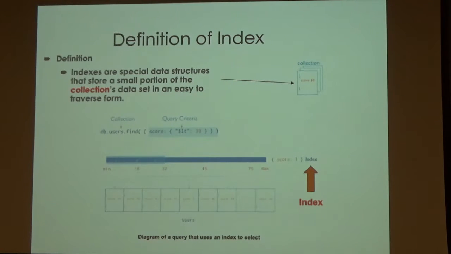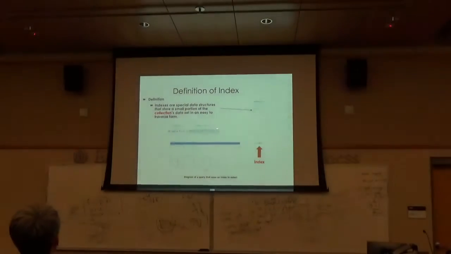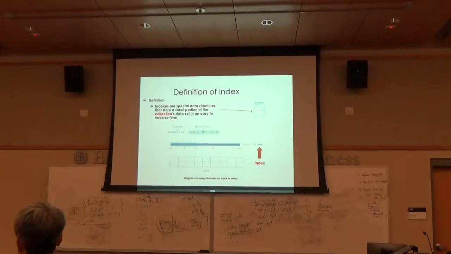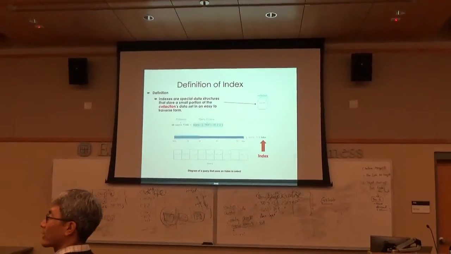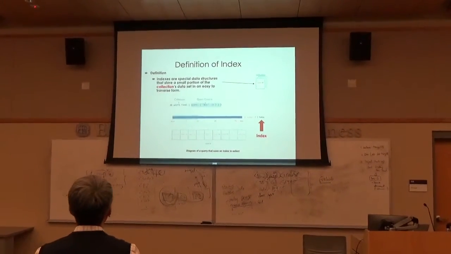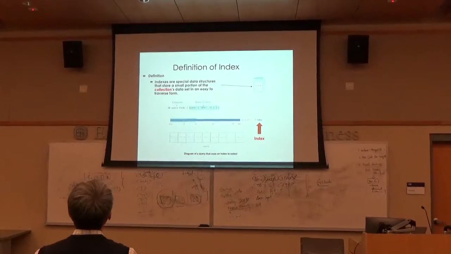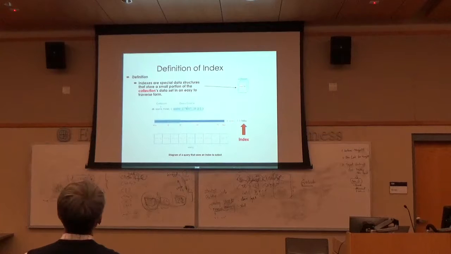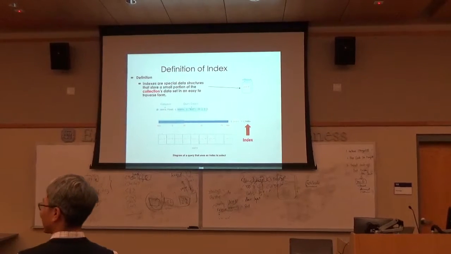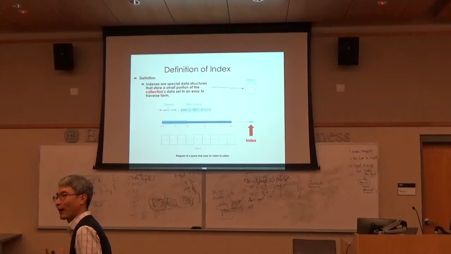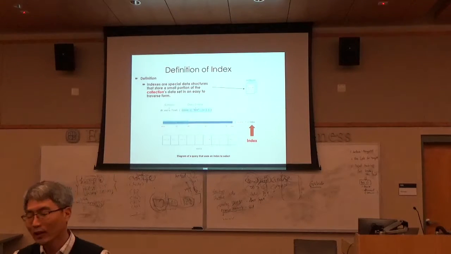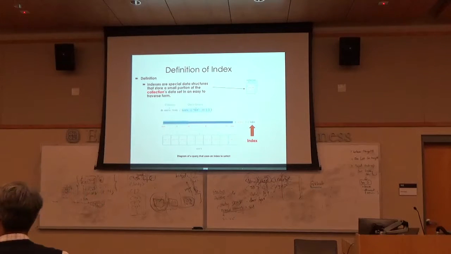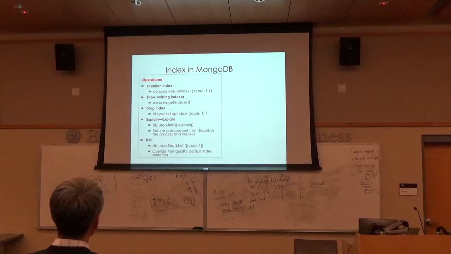When you find the object, the query optimizer will look at this index. This is another data structure to keep all the objects having the score, ordered by the score. Unlike a binary tree or B plus tree, it's a very simple index.